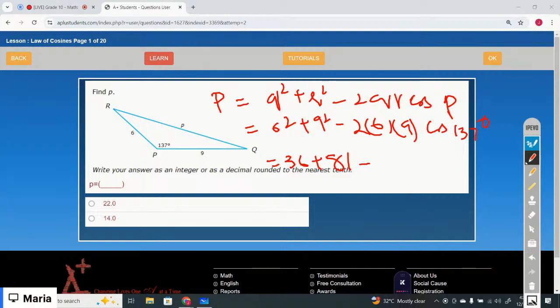So 0.7313 times 9 times 6 times 2, that is 78.9804, right?